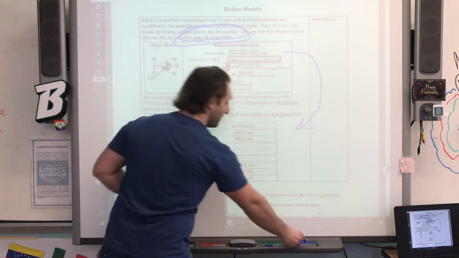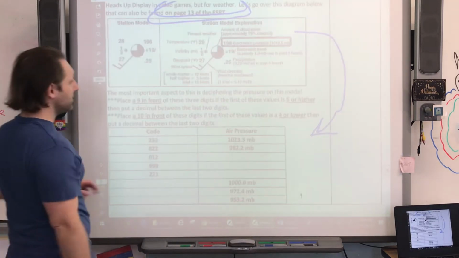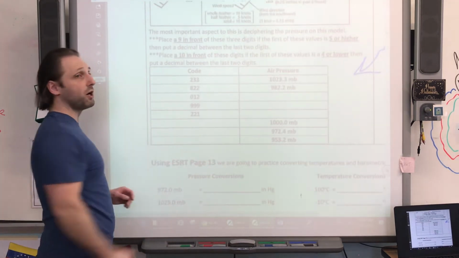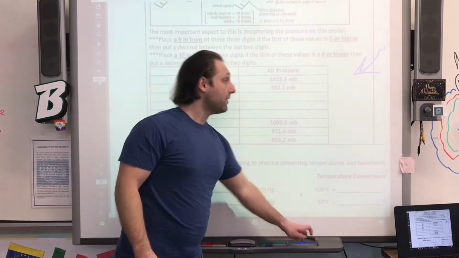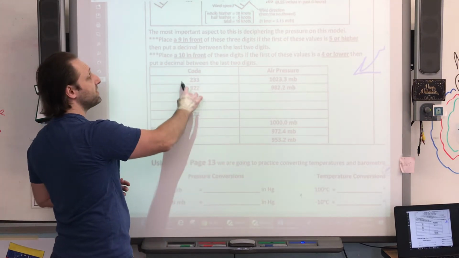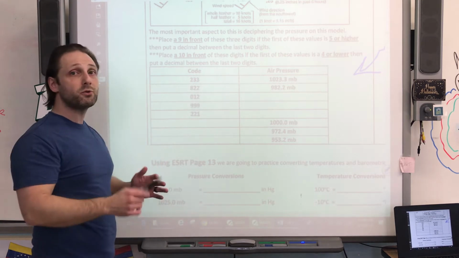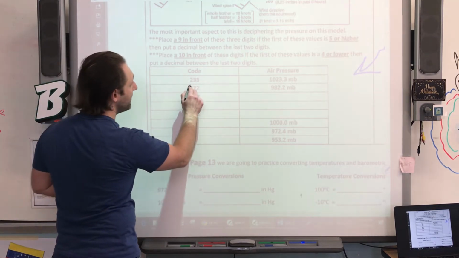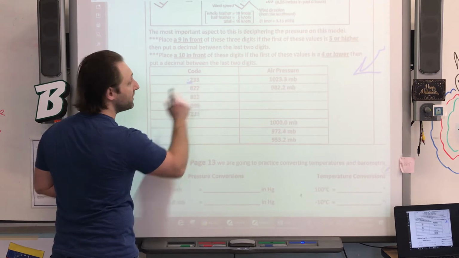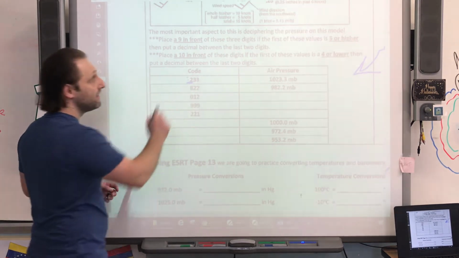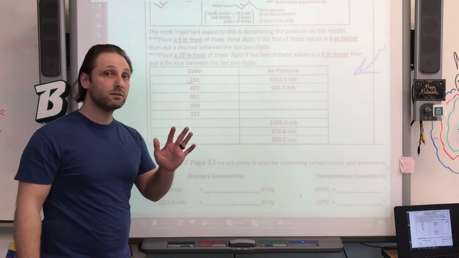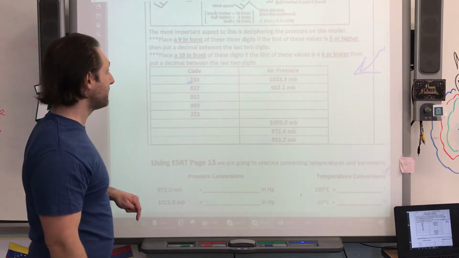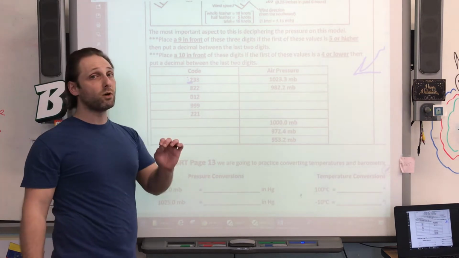All right, let's take a look at this first chart here to do some practice. The first value in our practice is going to be a code of 233. The first thing we do is look and ask, is the first value here on the left 5 or higher, or 4 and lower? In this case it's a 2, so it's 4 and lower.